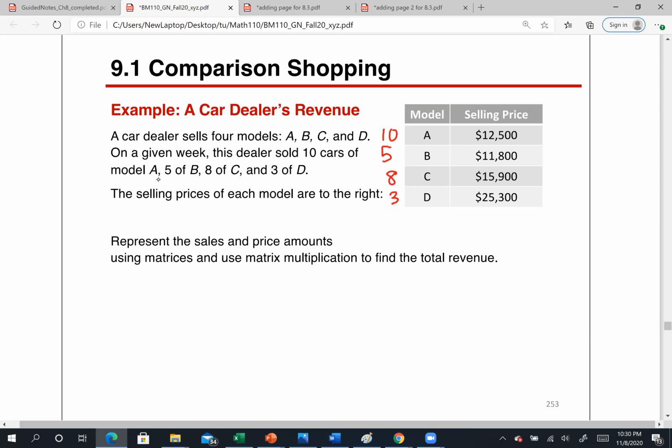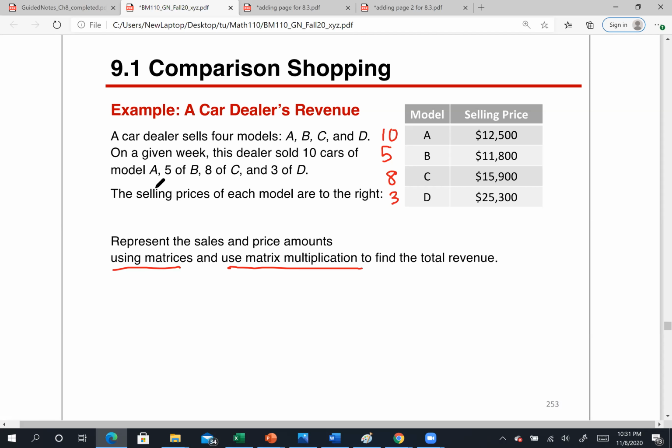You see the price for each model is here, and now we're going to represent the sales and price amounts by using matrices and use matrix multiplication to find the total revenue.